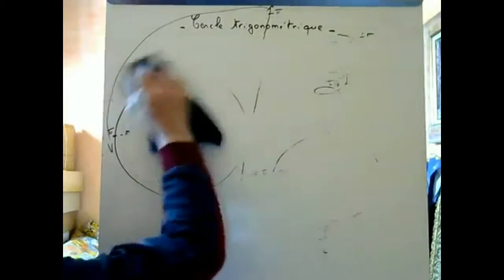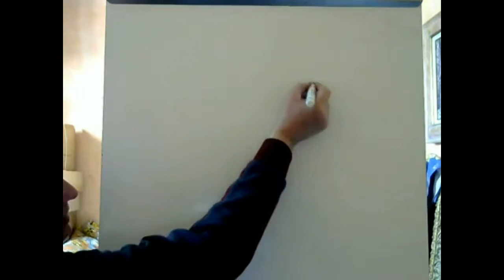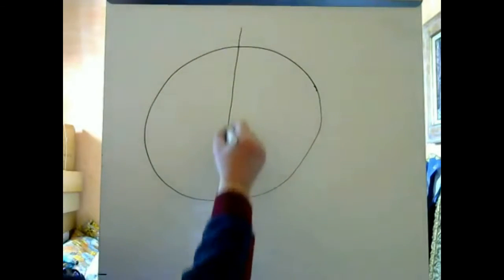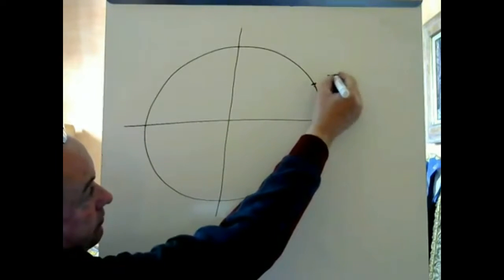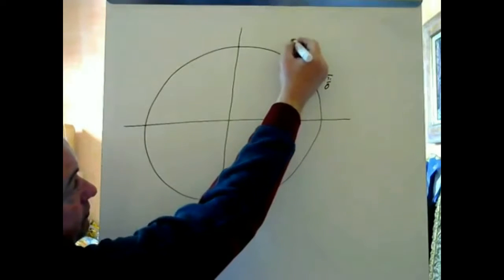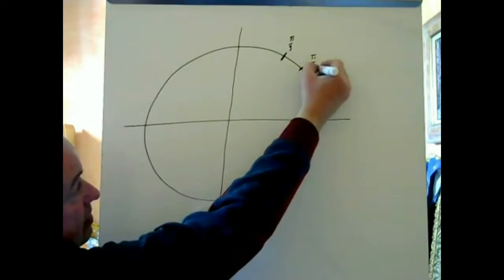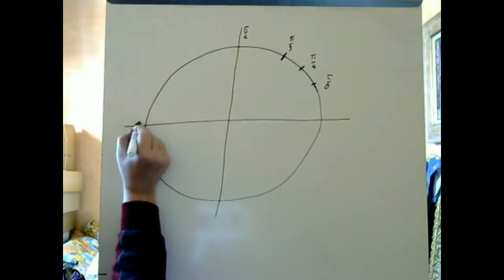So now we're going to look at how we place angles on the circle. And in order to place angles in radians on the circle, there are several important angles that we all need to know. There's pi over 6, pi over 3, pi over 4, pi over 2.